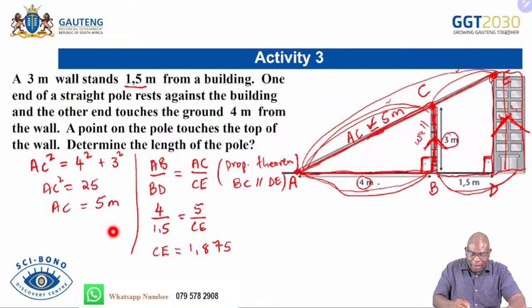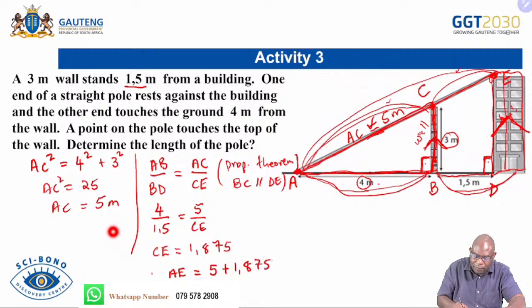Okay, therefore, to get my AE, which is the length of the pole, I need to add the 5 plus 1.875. And the AE will now be equal to 6.875. To the nearest, that will be 6.9 meters.